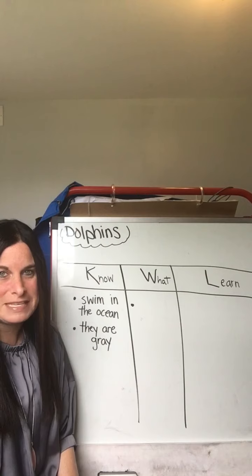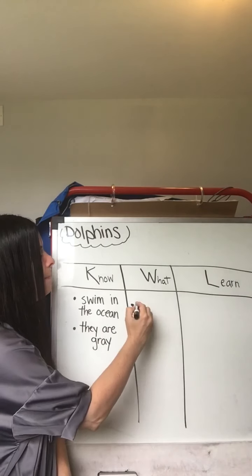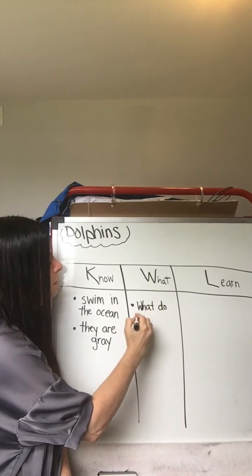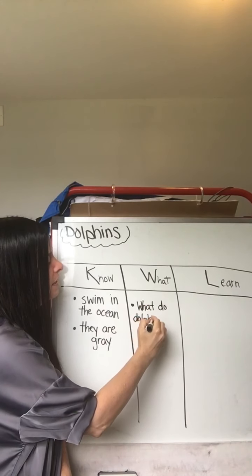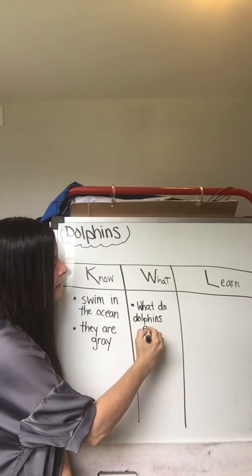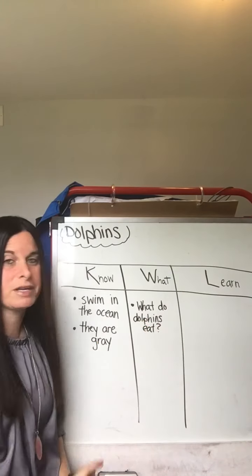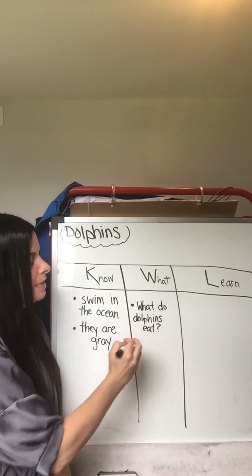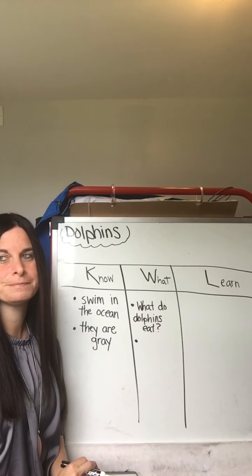I was thinking of these questions. How about, what do dolphins eat? Question mark, because I'm asking a question, so what do they eat? Okay, let's think of another one.